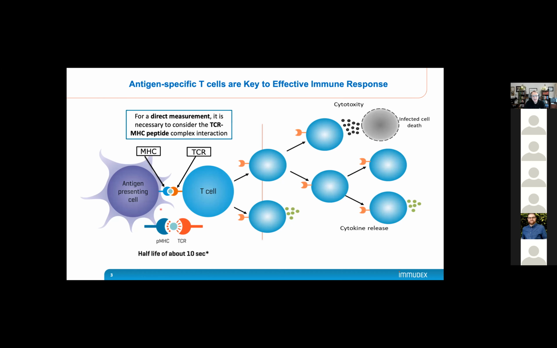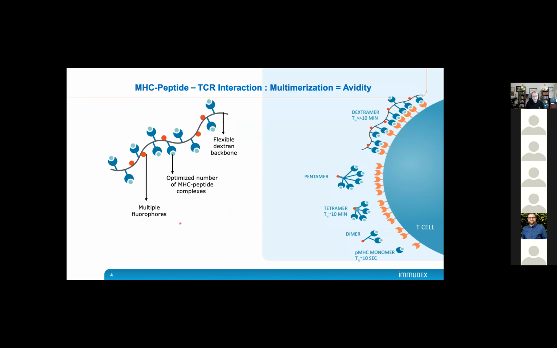But if you just chopped out one of these from that very complex aggregation of molecules, that's the immune synapse, and tried to stain a T cell with this in vitro, you only have a half-life of about 10 seconds. So in order to get around this, MHC multimers were invented.